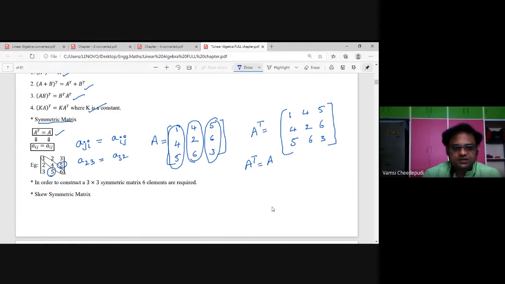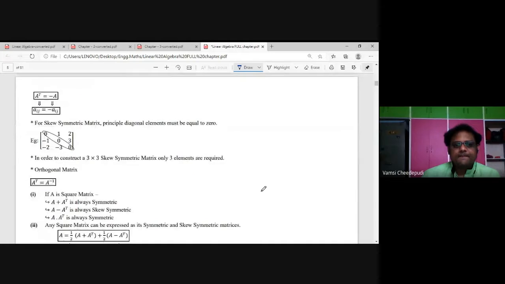Yes. Now another important definition, that is skew symmetric. Sir, what is meant by skew symmetric? Yes, sir. The skew symmetric definition is A transpose should be equal to minus A. So it is not Aij, let me correct this one.